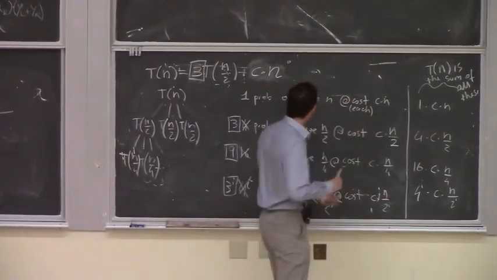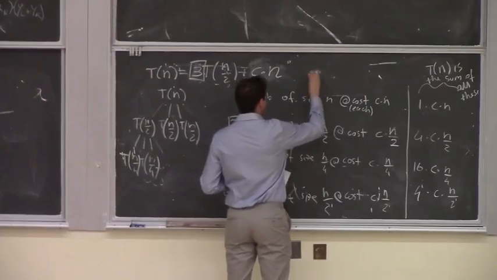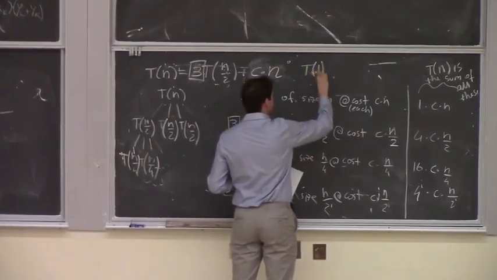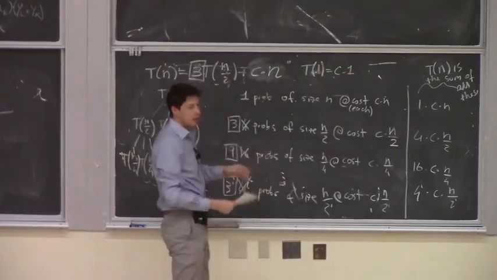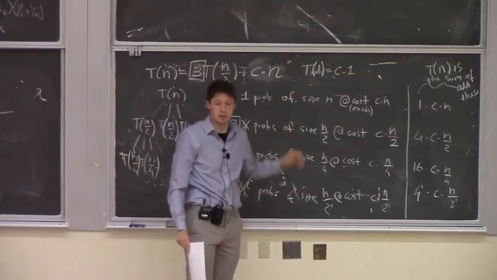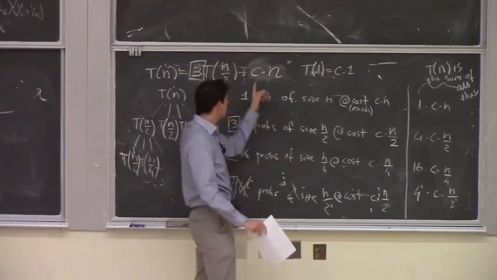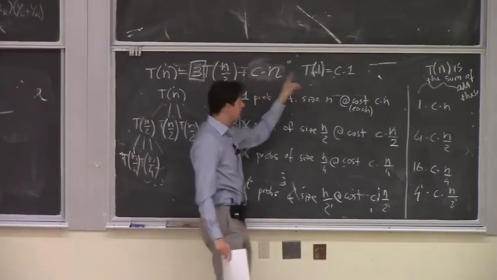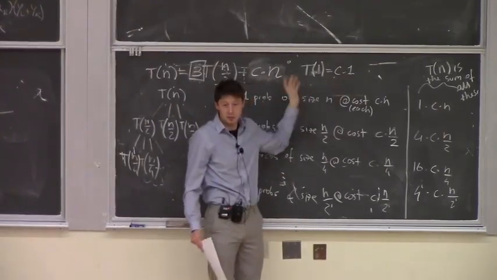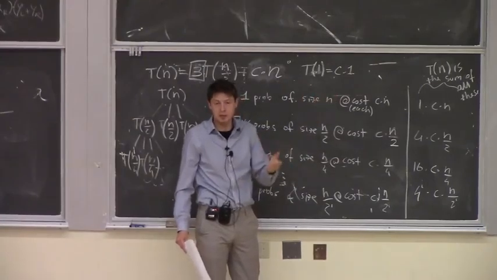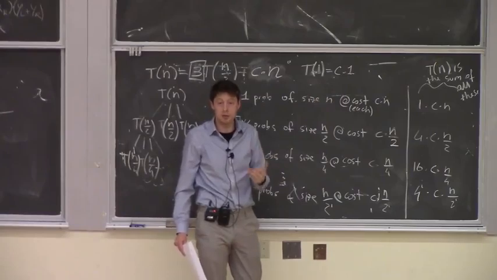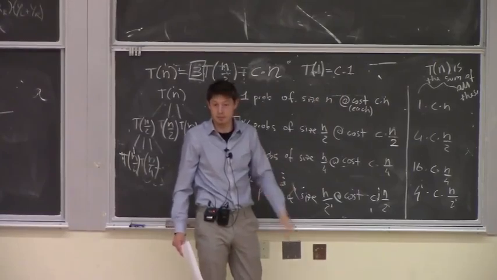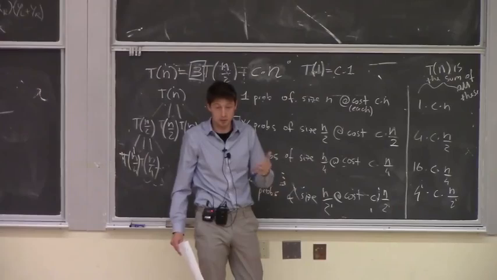By the way, here I was also assuming that T of 1 itself is C times 1, so maybe the base case is a bit special. Just say that it's the same constant C at the very end. To the extent that the constant for the recursion and the constant for the base case are different, maybe C and C prime, just think of C as the maximum of the two. So without loss of generality, you can assume that they are literally the same, because we're doing asymptotic analysis anyway.